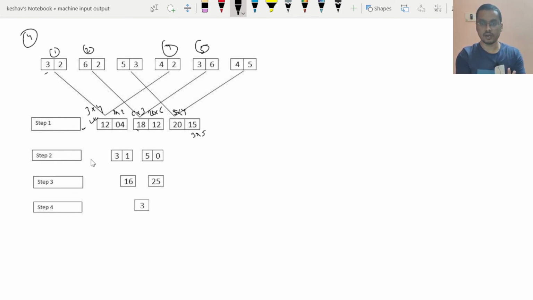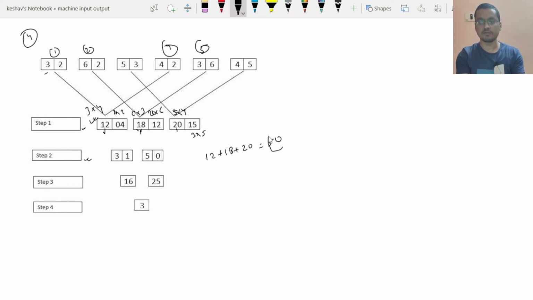Okay. Now how are we getting step 2? Add the first digit of box 1, box 2 and box 3. What is the addition? 12 plus 18 plus 20. It is equal to 50.